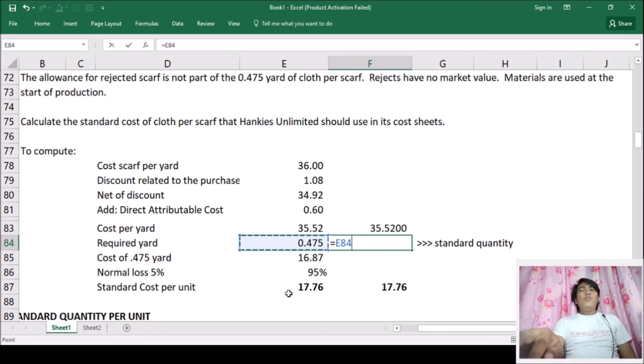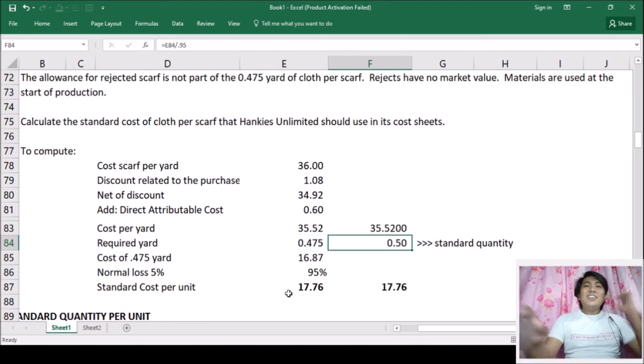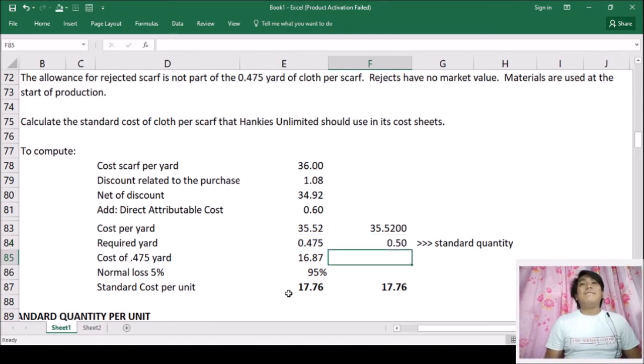So, 0.475 divided by 0.95. Where does the 0.95 come from? Because the 0.475 is already net of the 5% reject. So, we need to work it back so that 100% comes out. So, the standard quantity is really 0.5.